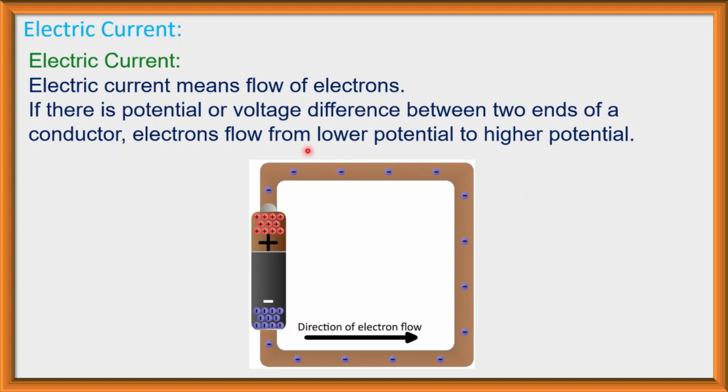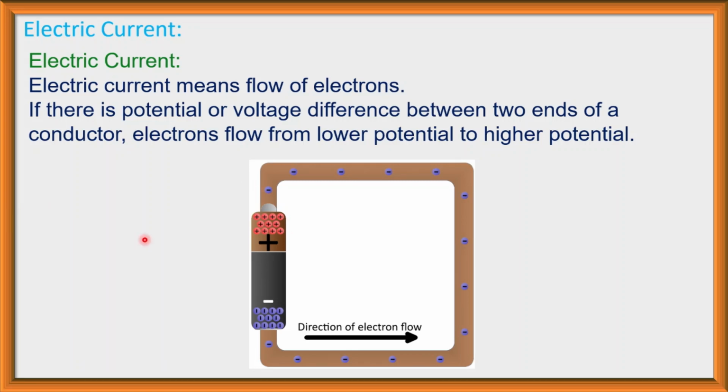So electrons flow from lower potential to higher potential. And if there is no potential difference between these two ends, then there is no flow of electrons.